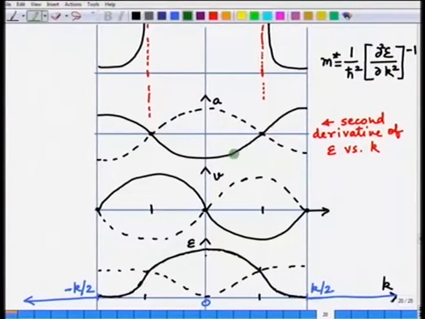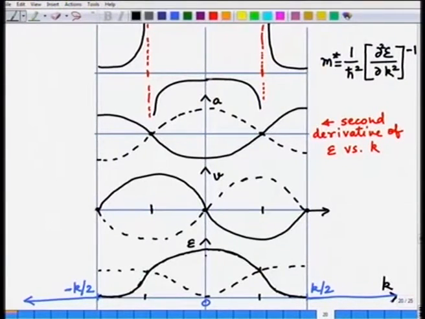If the second derivative is increasing, then the inverse of it should be decreasing. So my behavior here should be something like this, and similarly on this side, going towards minus infinity.